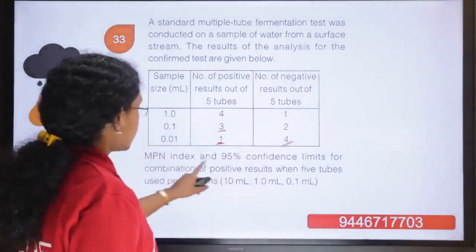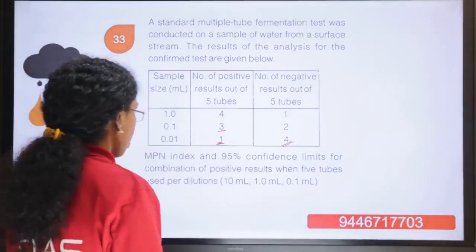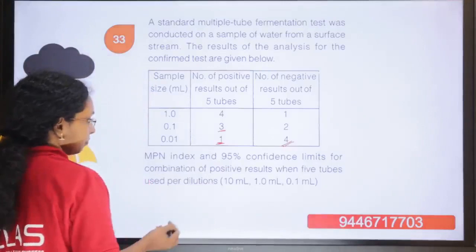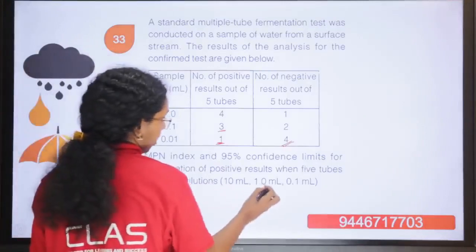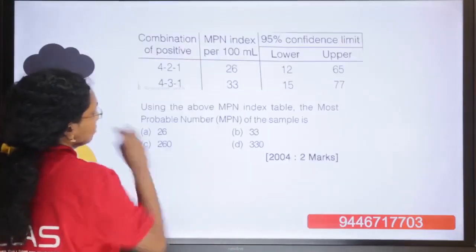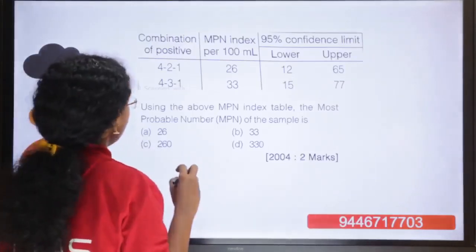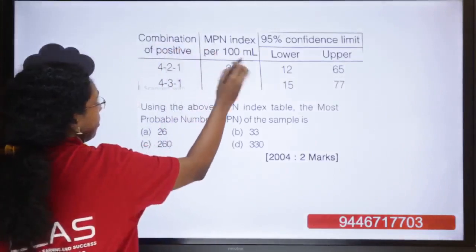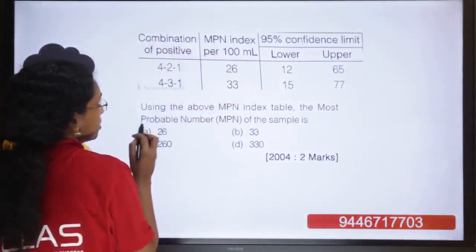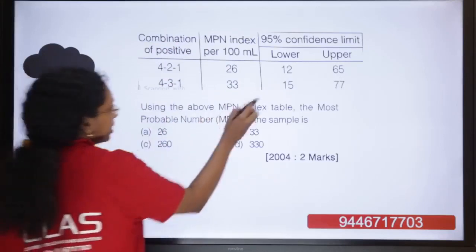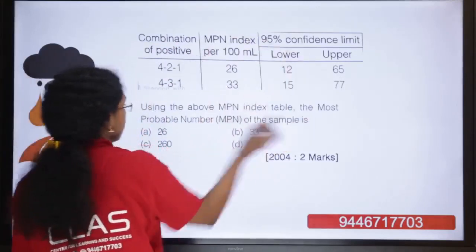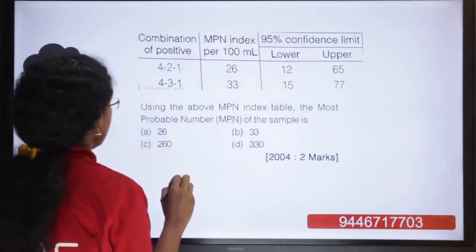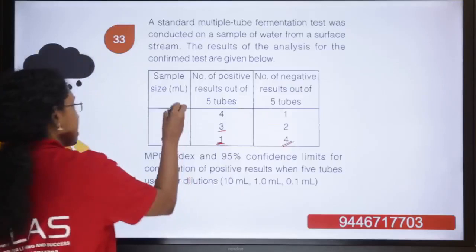Now the MPN index and 95% confidence limits for the combination of positive results, with 5 tubes used per dilution for 10 ml, 1 ml and 0.1 ml. So this is the combination of positives, the MPN index per 100 ml, and the 95% confidence limit. Using this MPN index table, the most probable number of the sample is found as follows.